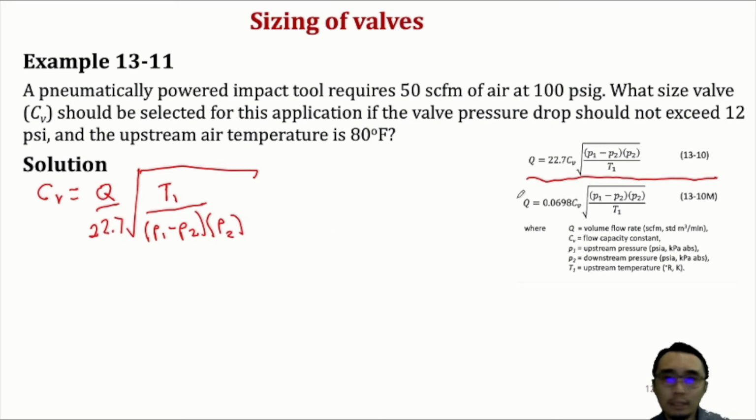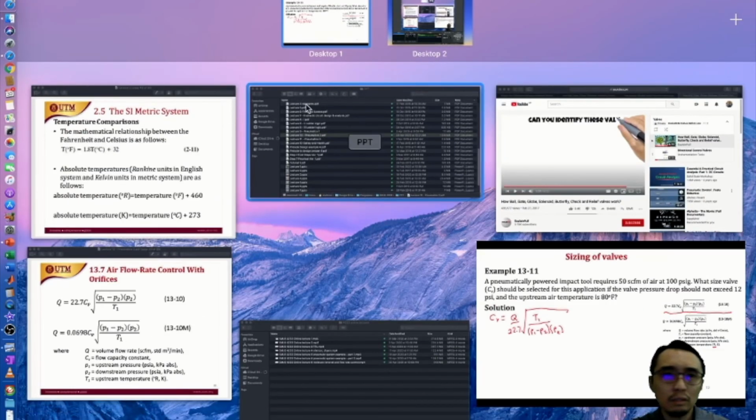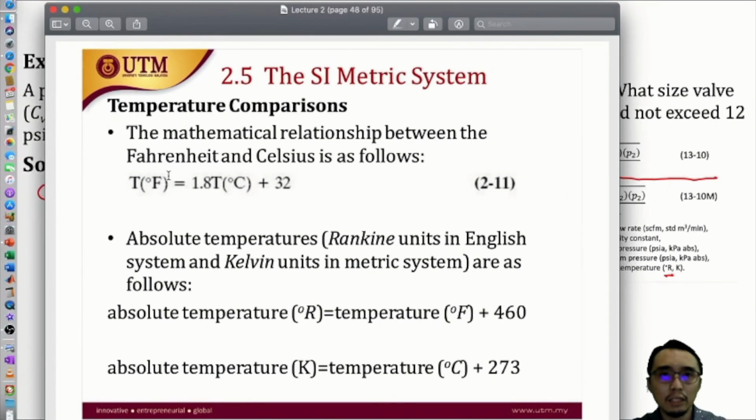Rearranging this equation, you will get this CV, and you can just substitute the values. But remember, the temperature should be in absolute values in Rankine and the pressure in psia, not the gauge pressure. This is the absolute pressure. The relation between absolute and gauge temperature is given in, if I'm not mistaken, lecture 2.